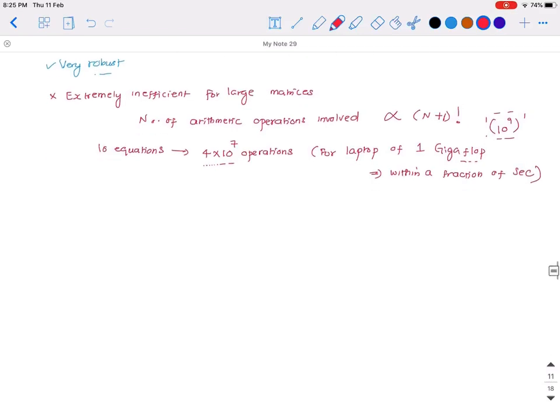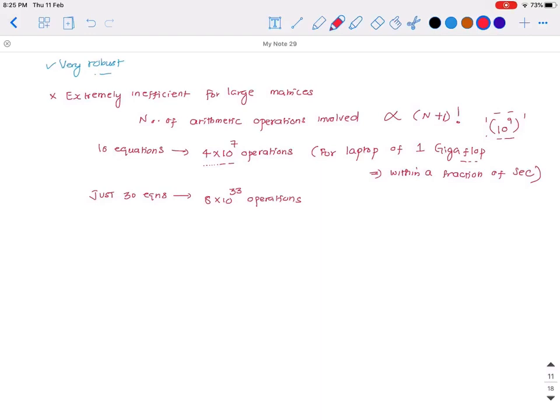But if you increase to just 30 equations, you require approximately 8 into 10 to the power 33 operations to solve just a system of 30 linear algebraic equations.